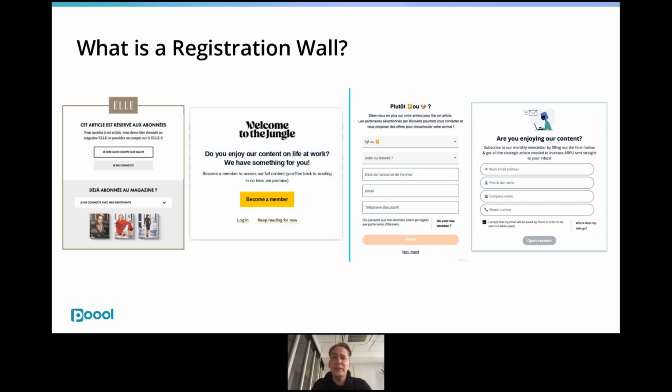And the website is not selling content. They're selling subscription to pet food, premium pet food. And they're selling subscription to a hotline for health advice for your pet. And of course, they use content as a way to get some leads. And they use our registration wall, for example, to qualify the audience and say, are you a cat or a dog owner?